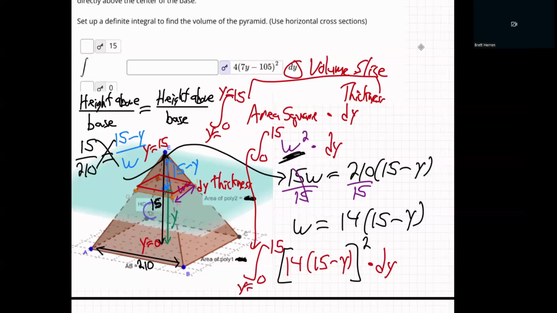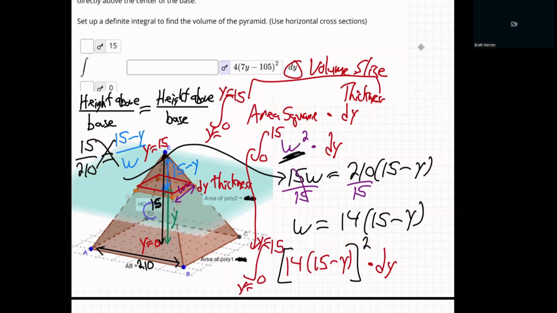Whatever the height y of your particular slice is, we can find the width and thus the area of that slice. How do we do it? 15 all the way up, and it's 210 on the base. So 15 is to 210 as 15 minus y is to w. We can cross multiply and solve for w and then plug that in.